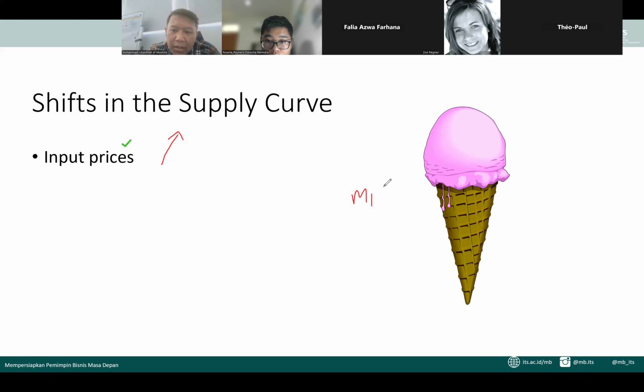Milk, sugar, and flour, for example. When we have an increase in milk, the price of ice cream will also increase. If we have an increase in sugar, the price of ice cream will also increase. So an input price increase will, of course, reduce the supply.